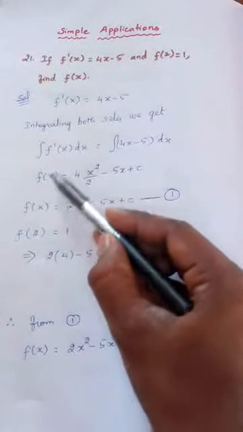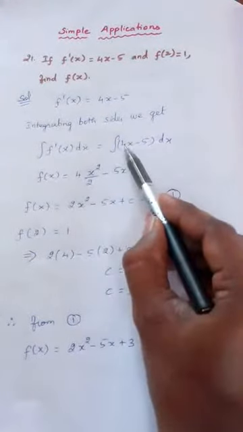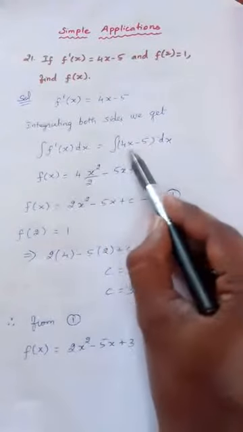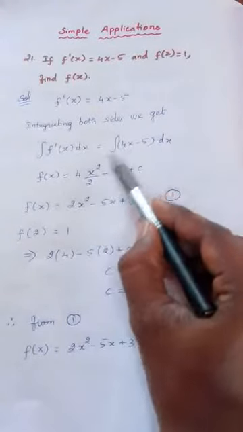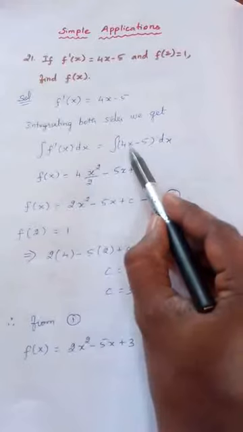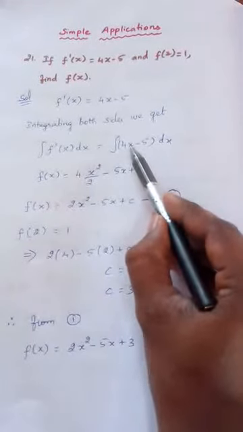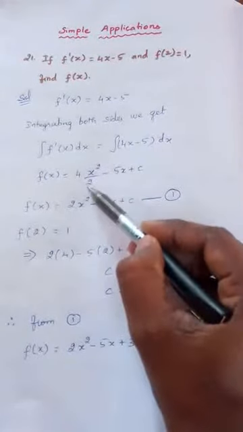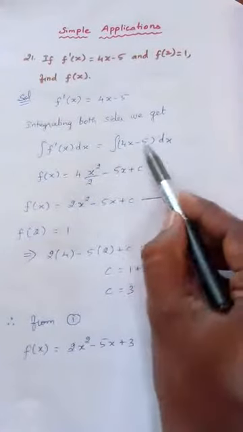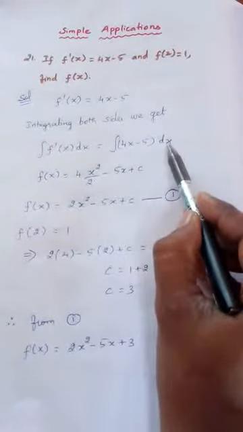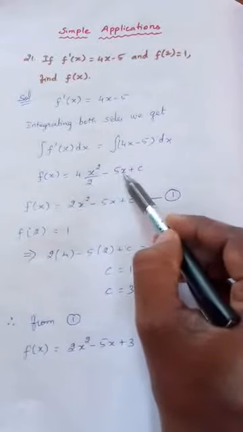So this becomes f of x equal to, 4 is constant but it is in multiplication, so it will remain. If you integrate x, the answer is x square by 2. Similarly, minus 5 is constant. If you integrate dx, the answer is x.